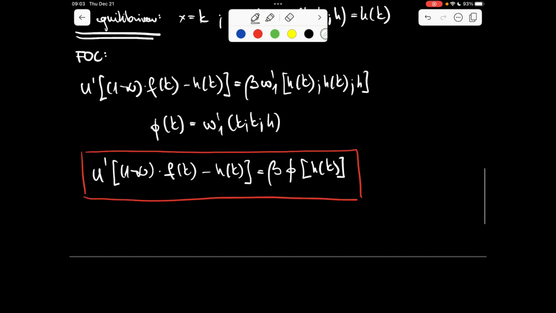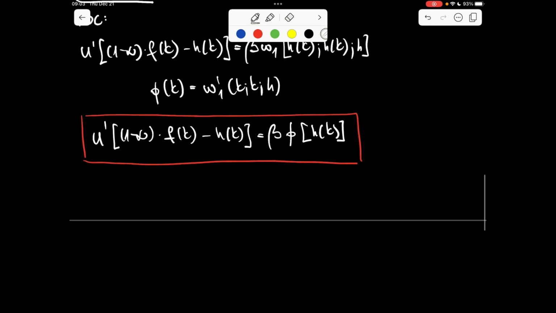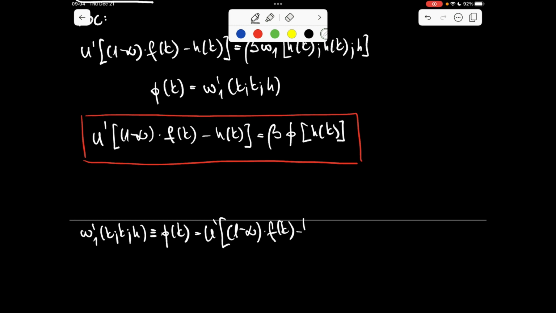And we have a second key equation, which is the envelope condition. So we have a complete description of the economy and its solution in terms of the first order condition and the envelope condition.